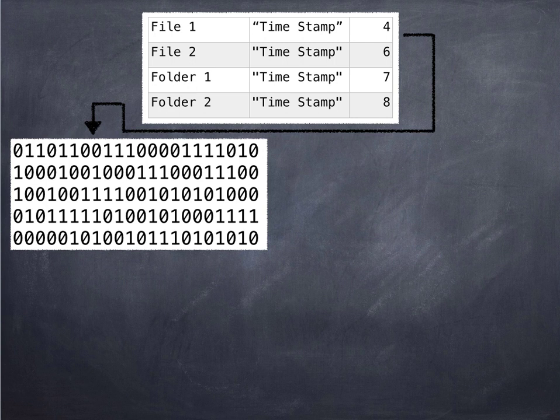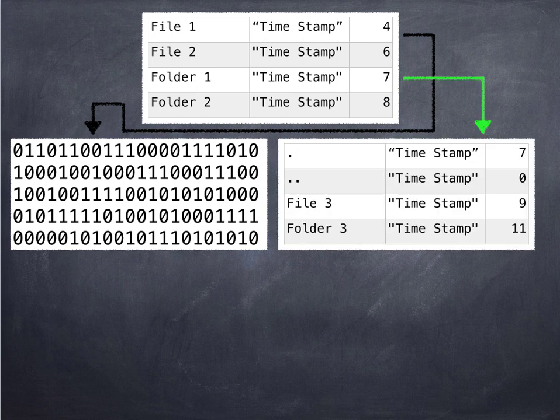So all files are found by starting in this root directory. And that's because you can have a directory entry for a file name or a directory entry for a folder. So if we were to follow, let's say, folder 1 to cluster 7 to see what's in there, we would see that in cluster 7 you have more of these directory entry structures.